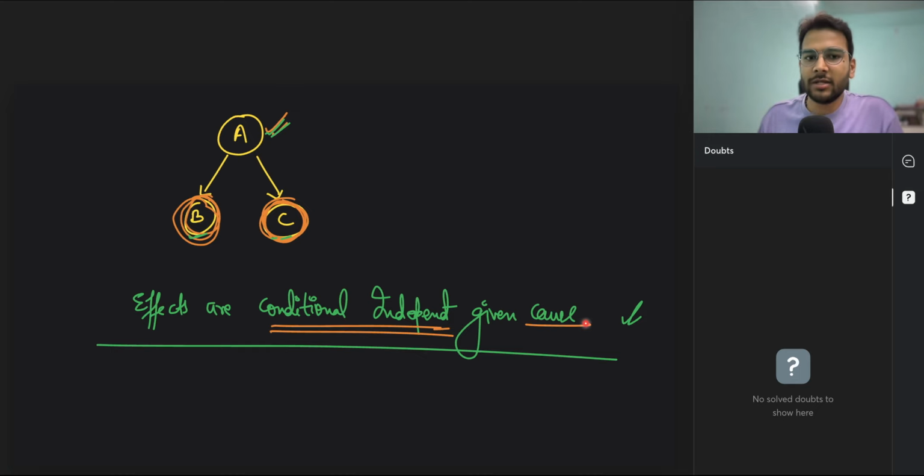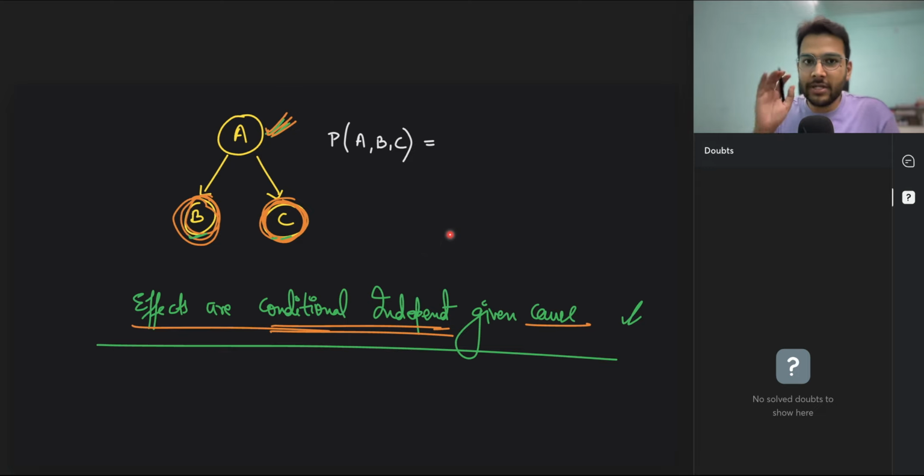So given the cause, here A is a cause, I can say effects are conditionally independent of each other. If I talk about the joint probability distribution of A, B, C, how can I write it? Now I'm discussing the main core of Bayesian network that you are going to use to solve the questions. We know that the joint probability distribution can answer any question related to that particular domain.